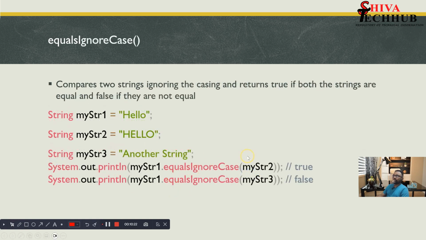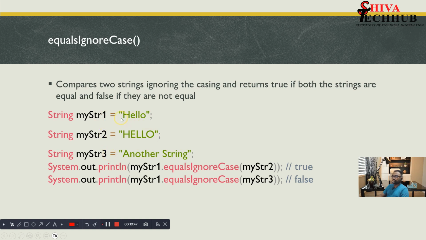Then the next function is equalsIgnoreCase. This does the same, just that it ignores the casing of the alphabets that are present in the string. What it is doing is comparing two strings, str1 and str2, and here we are specifying the third string str3, like another space string. It compares str1 and str2.